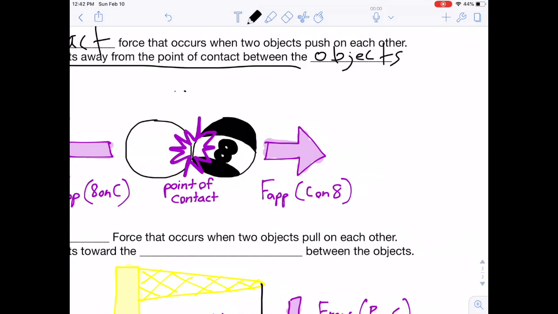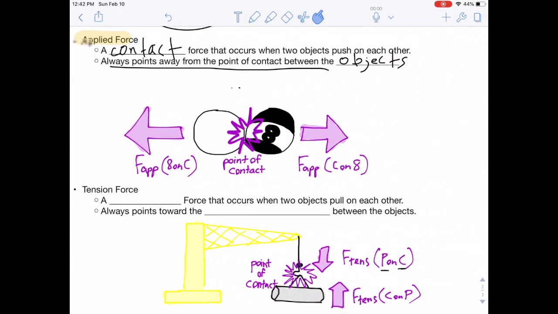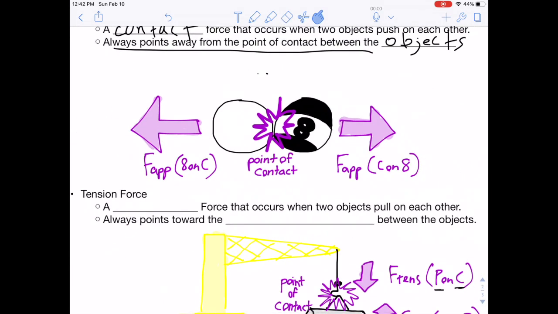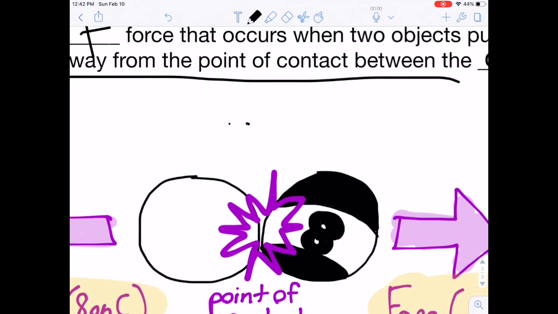So an 8-ball and a cue ball click into each other, and that's the point of contact. Now, the cue ball is going to feel the force of the 8-ball, and the 8-ball is going to feel the force of the cue ball. So if I were to draw the arrows again, there's a leftward force vector, or a leftward arrow, and that's the force of the 8-ball on the cue ball.